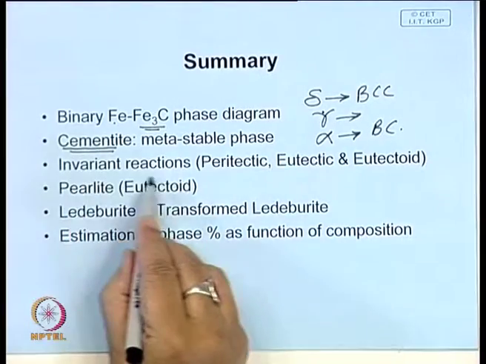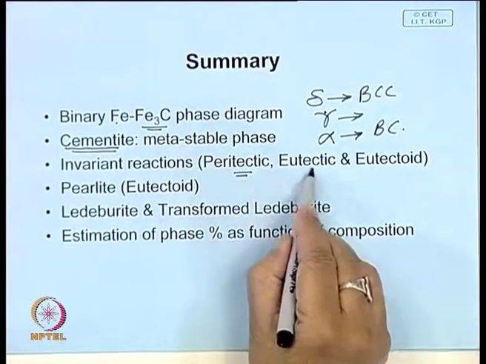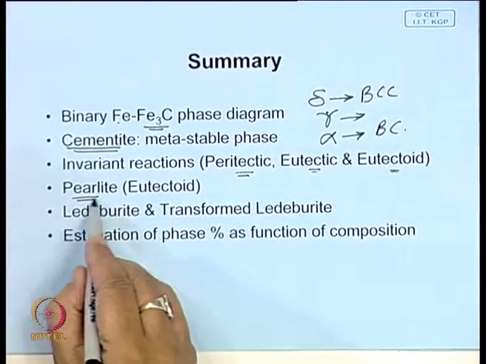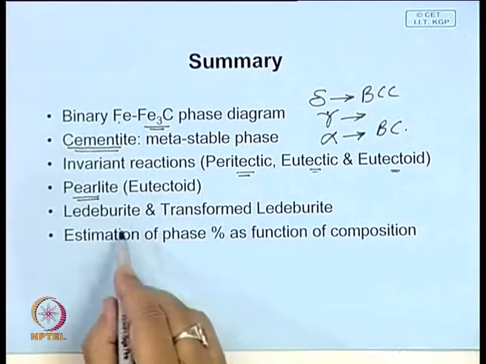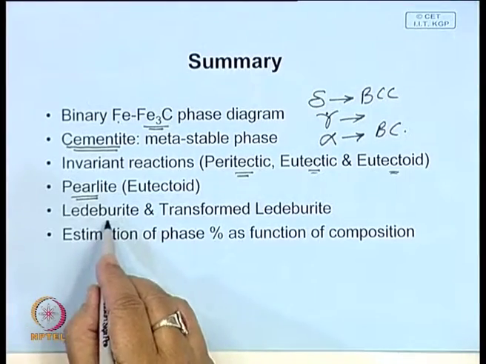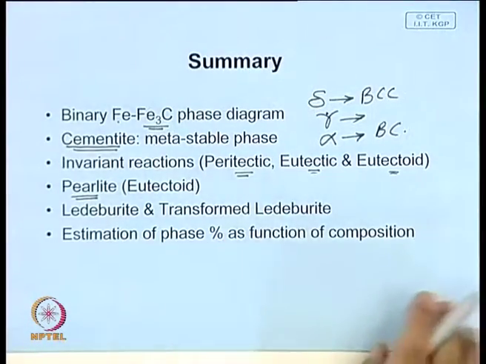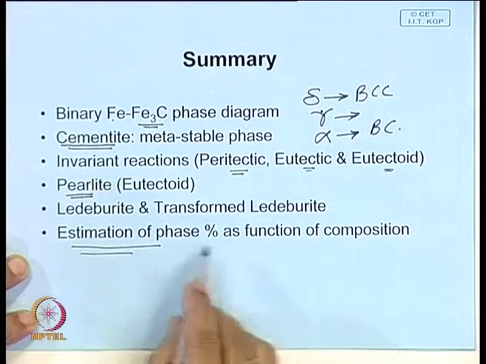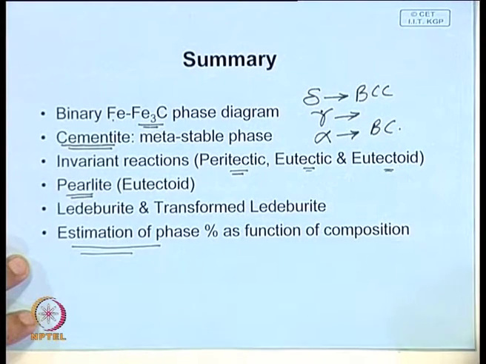We talked about three invariant reactions: peritectic, eutectic, eutectoid. We talked about the pearlitic structure, which is the eutectoid structure, we talked about eutectic ledeburite and transformed ledeburite, and we also saw some examples of how to estimate percentage of phases as a function of composition. Thank you.